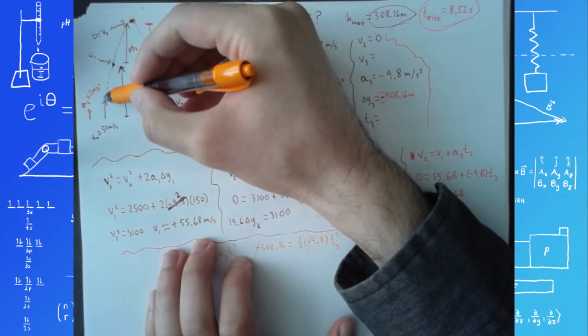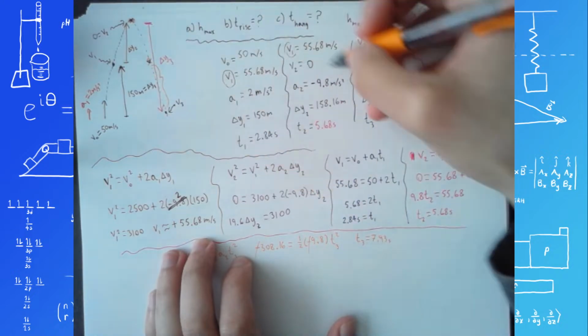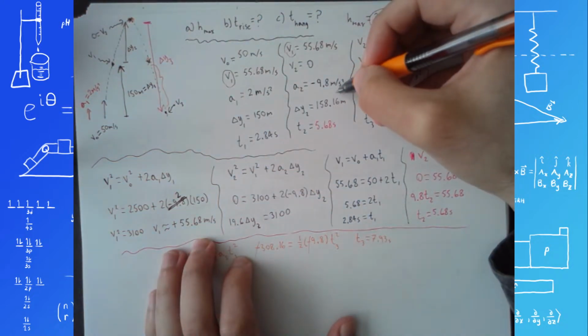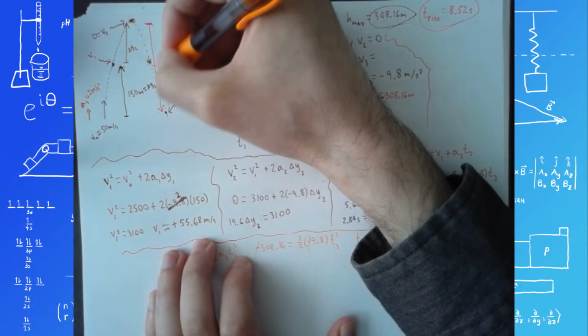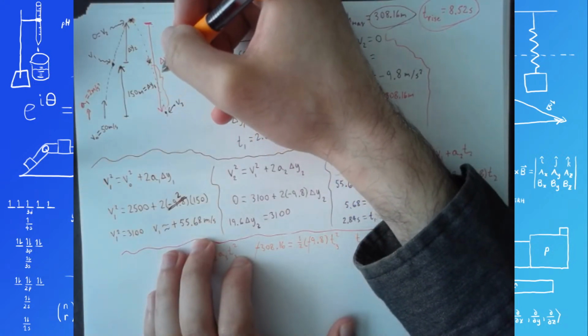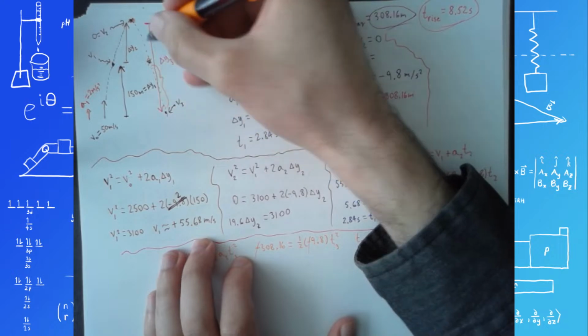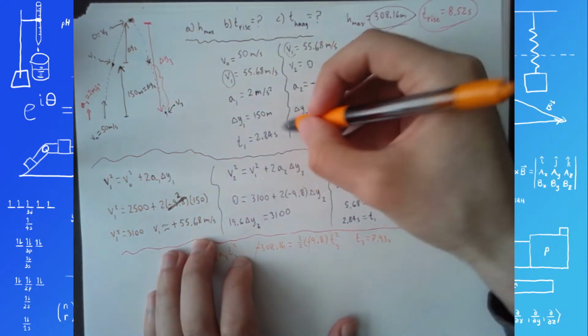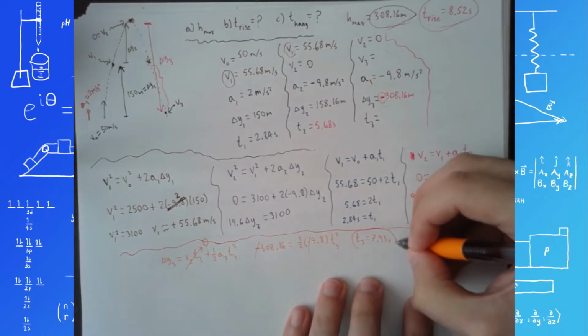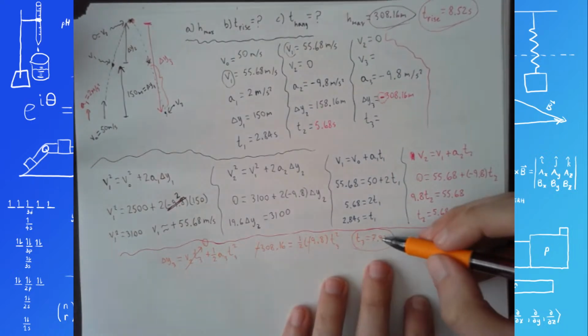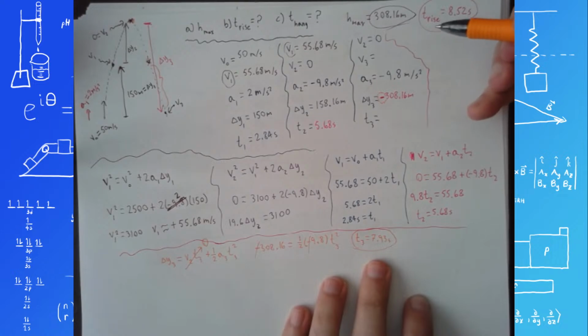Going up with an acceleration of 2 versus going down with an acceleration of 9.8 downward. Yeah, you would expect this stage to go by much faster. So you would expect the second part of T3 to be less than 2.84. So it does actually fit within predictions that T3 is less than the total time to rise, which is less than 8.52 seconds. That actually checks out.